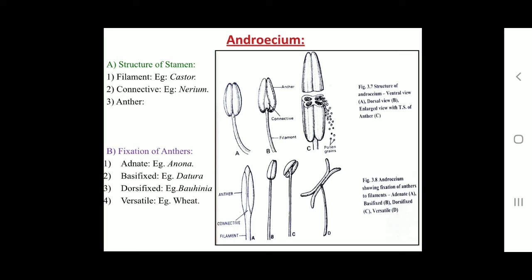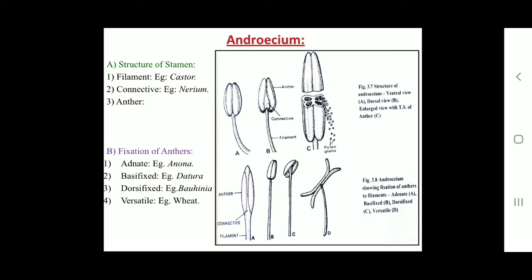And the third part of the stamen is anthers, which is a swollen bag-like part placed at the top of filament. It is made up of two anther lobes. Each anther lobe contains two pollen chambers or pollen sacs. The pollen chamber contains numerous pollen grains. Thus, a typical anther is bilobed or tetralocular.